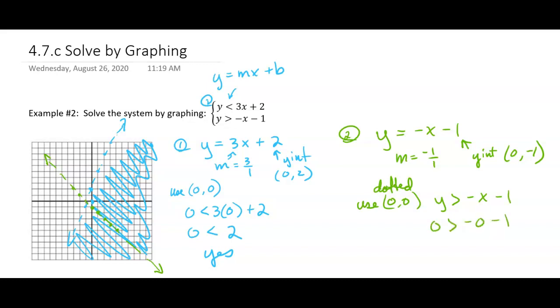That's a negative 0, just 0. So I get 0 is greater than negative 1. Is that true? Yes, that is true. Okay. So again, our 0, 0 point is true. So it means everything over here. So you really have to kind of tune out the blue line and just focus on the green one when you're doing that shading.